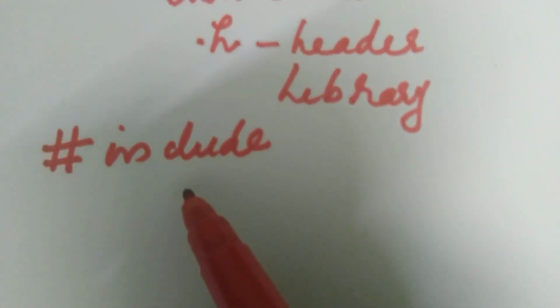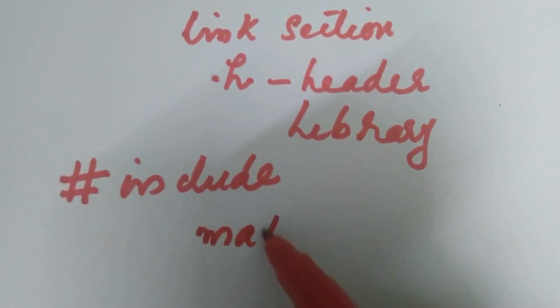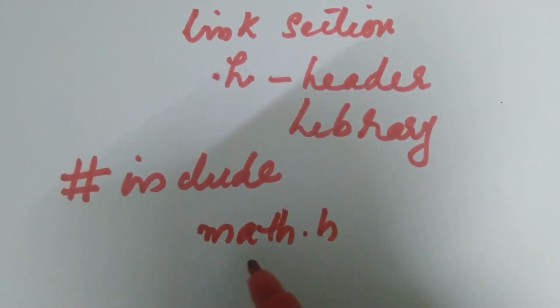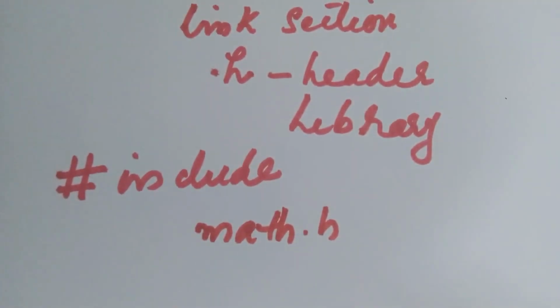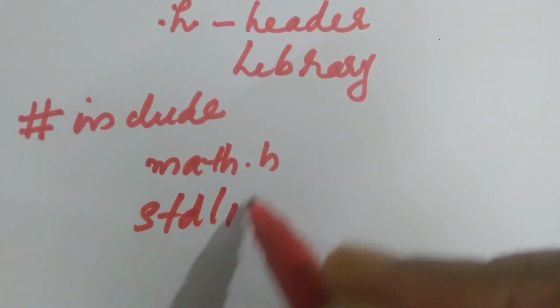Some of the examples of library files are math.h, stdlib.h, stdio.h.